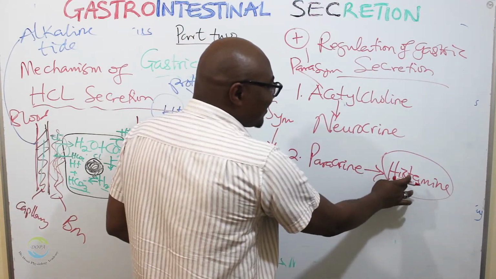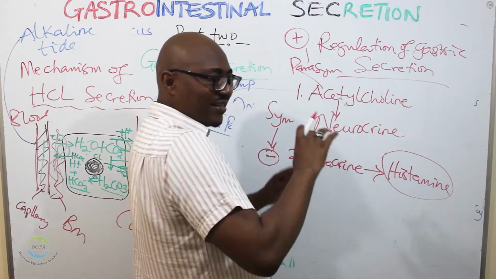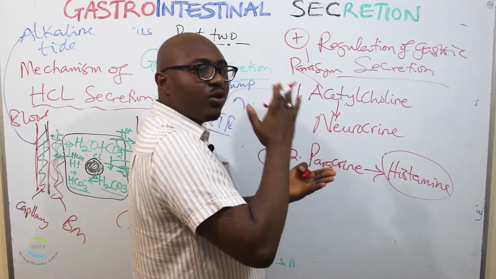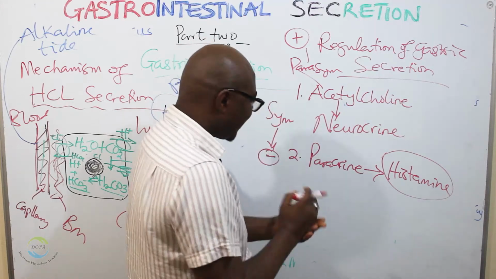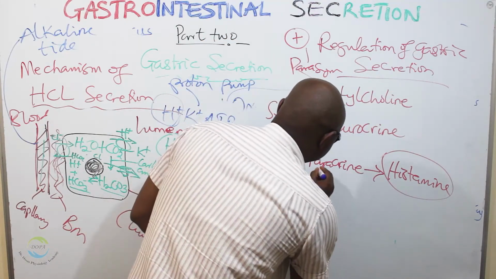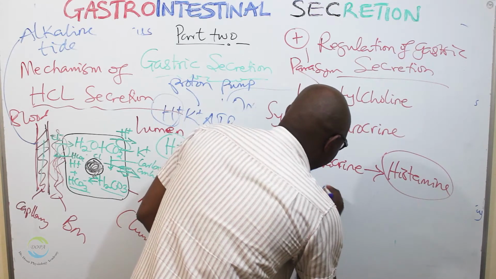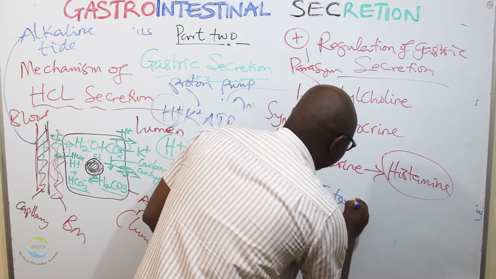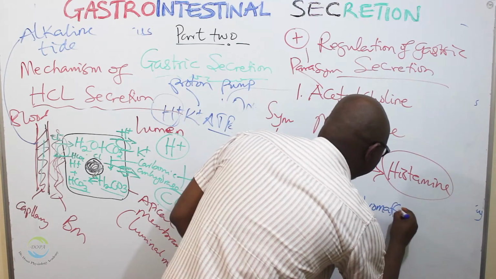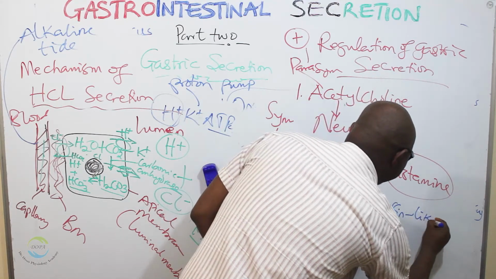So this histamine comes from a group of cells known as enterochromaffin-like cells. Let me write it here. Paracrine mechanism, enterochromaffin-like cells.